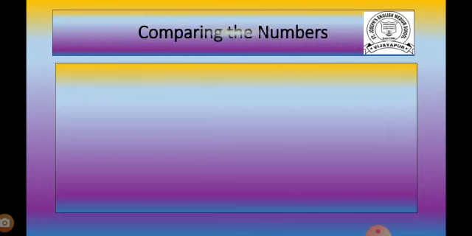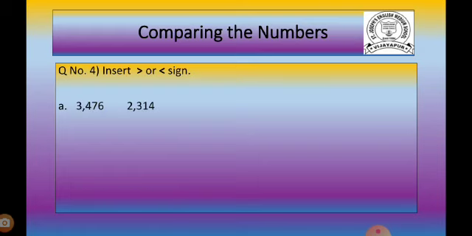Question number 4 is to insert a greater than or smaller than sign between the numbers. The first question we got is 3476 and 2314. If you observe both numbers, children, only in the thousands place we got the difference. That is, 3000 is greater than 2000. So 3476 is greater than 2314.